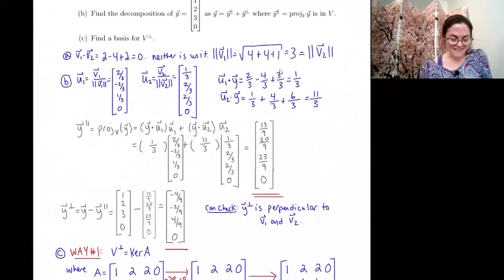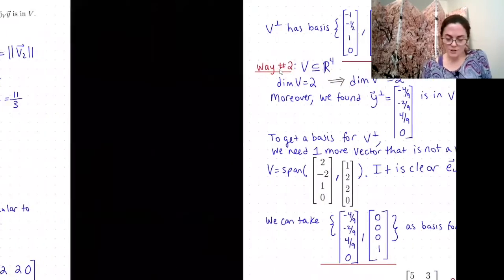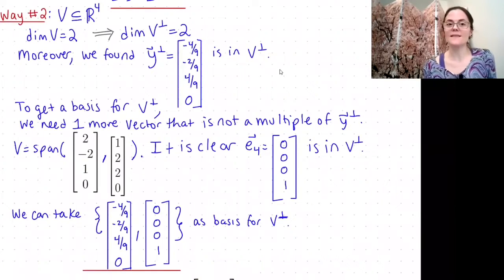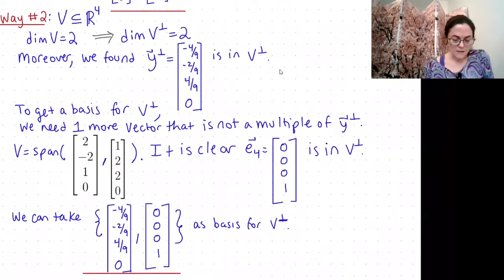Okay, well, let me talk about way number 2 first. Just because I'm on that, I'm going to go back and discuss way number 1. But way number 2 follows from part B much more naturally. So what do we know? We know that V is a subspace of R4.